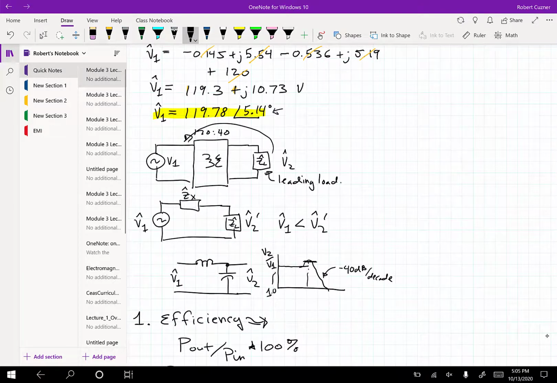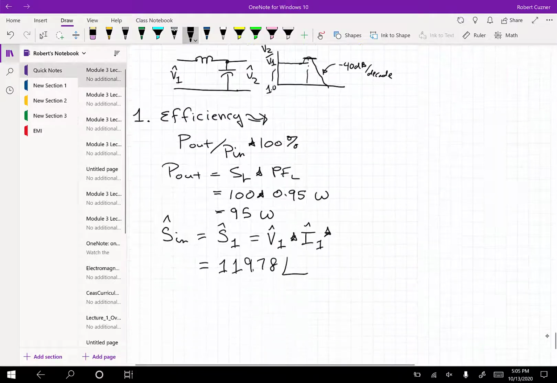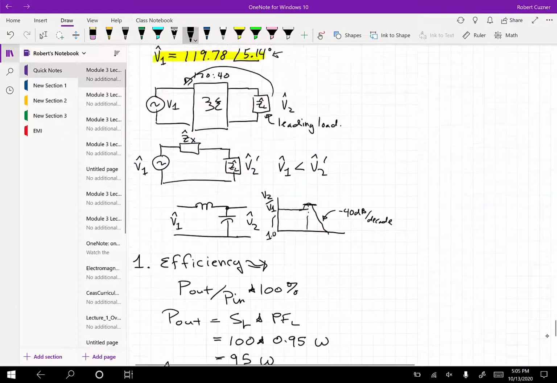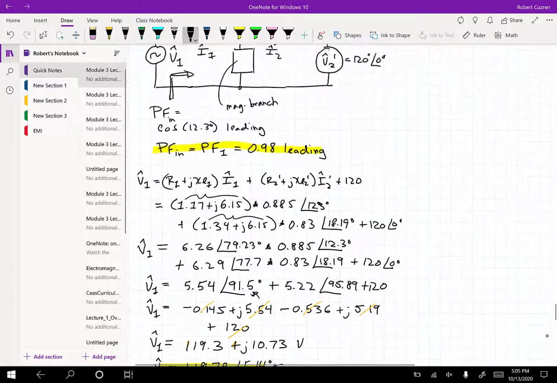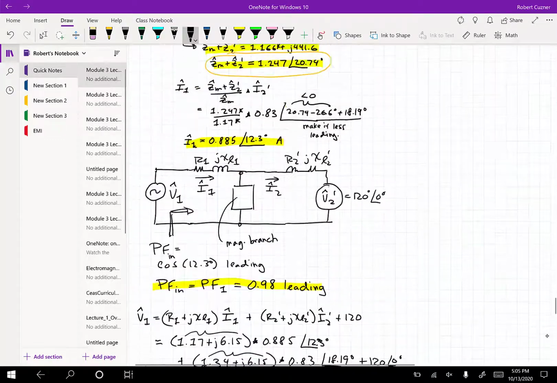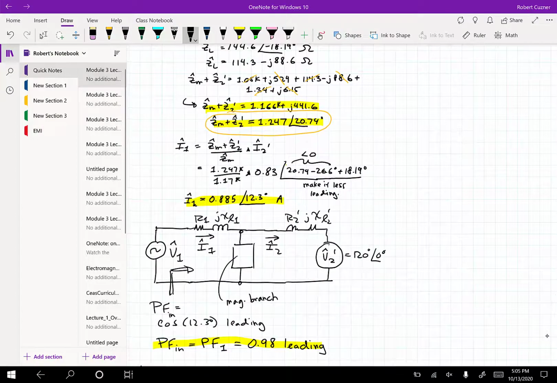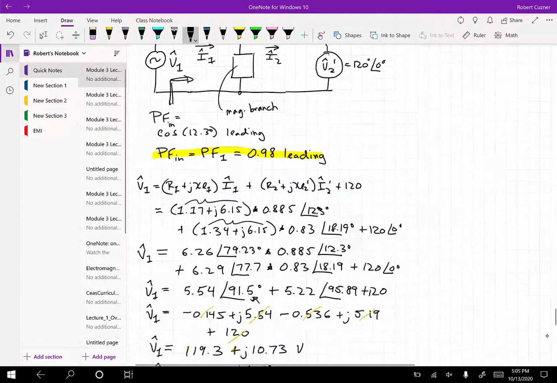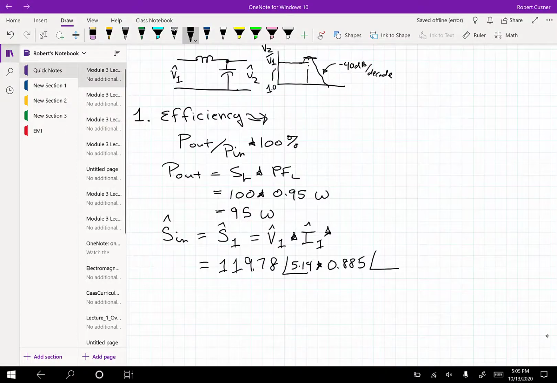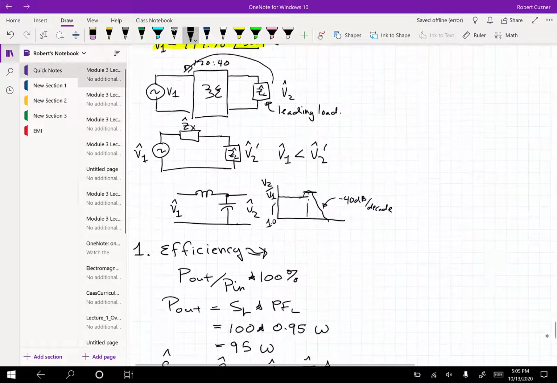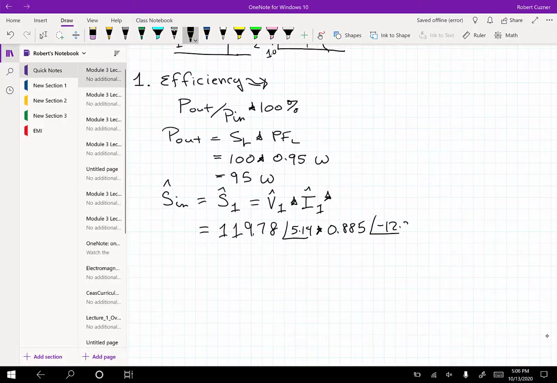So we have to use that angle, 5.14, and then we're going to multiply it times our current, but we have to conjugate the current. So the I1 we found was 0.885 with a 12.3 degrees power factor angle. I'm going to make it negative 12.3 degrees. Okay, so let's find S in.